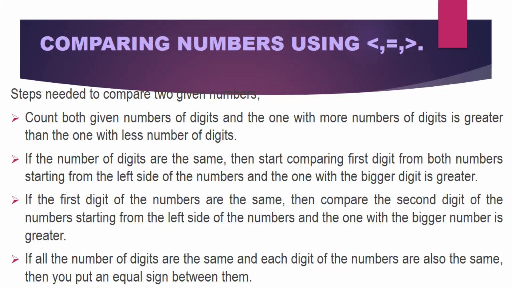Then you compare the first digit from both sides. If the first digits are also the same, then you start comparing the second digits. If the second digits are the same, then you start comparing the third and the others. And if they have the same number of digits and every digit is checked and equal, then you put an equal sign between them.